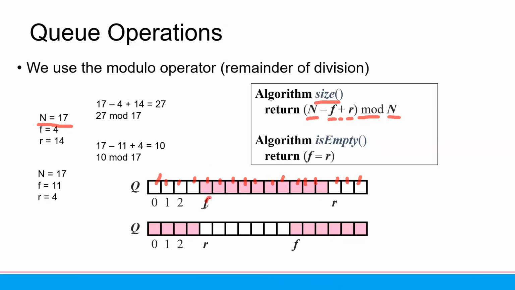The front is now in index 4, and the rear is now in index 14. Then what is the size of this queue? We can just do n, which is 17, minus the front index, which is 4, plus the rear index, which is 14.